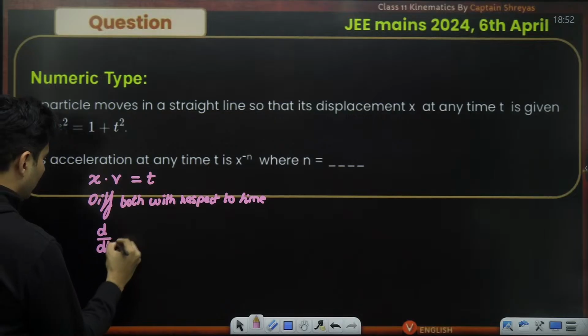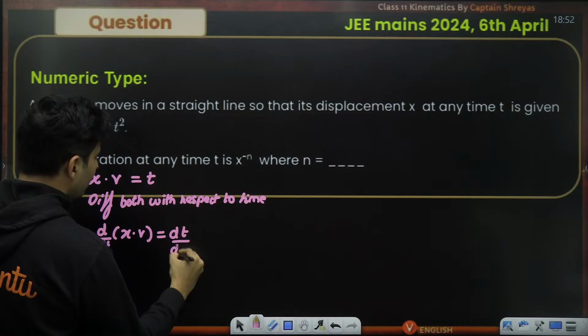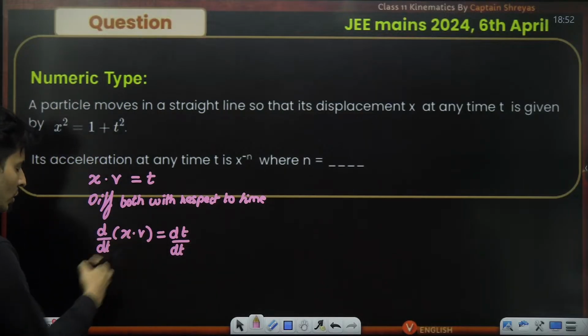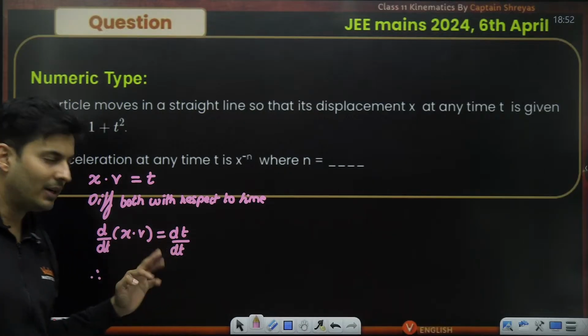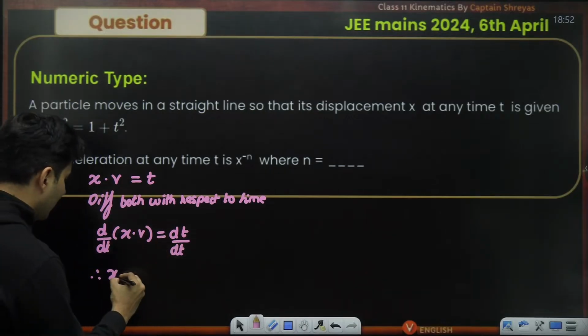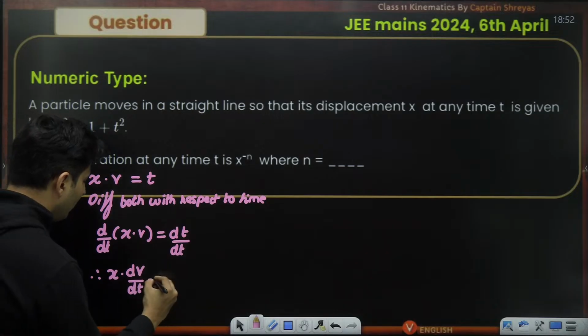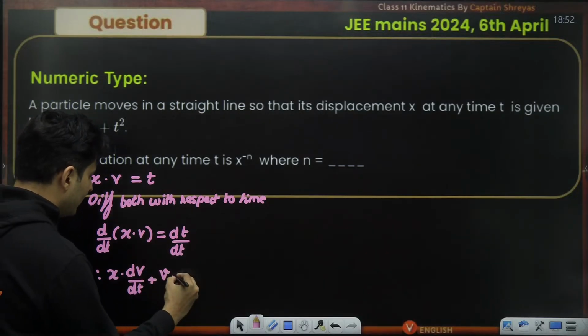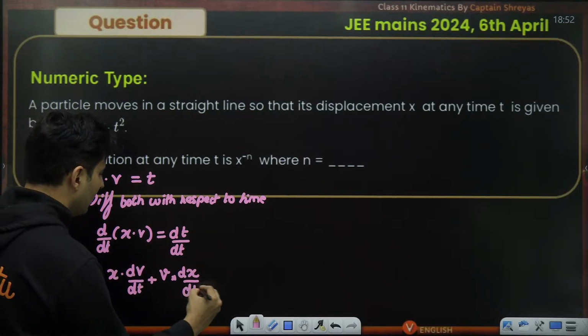Derivative with respect to time of x into v is the derivative of t with respect to t. These are two things multiplied. It is u into v, product rule of derivatives. So take the first as it is, take the derivative of the second guy, plus take the second function as it is and take the derivative of the first person, dx by dt.